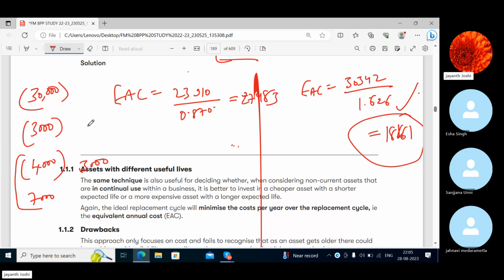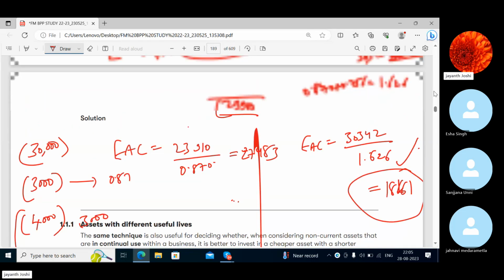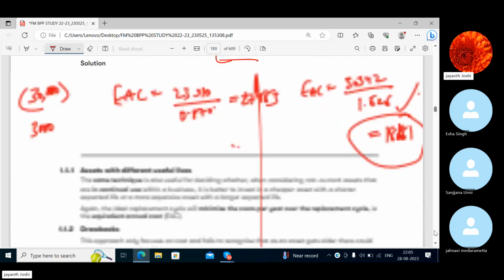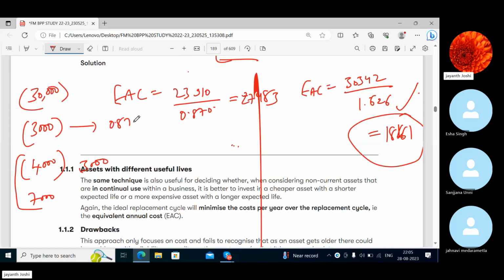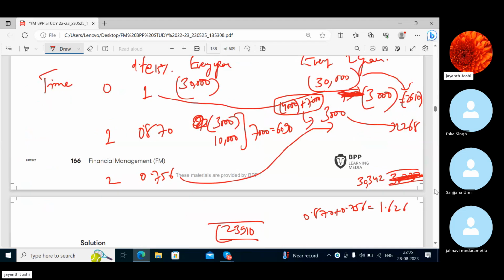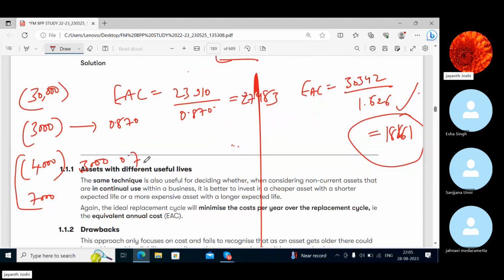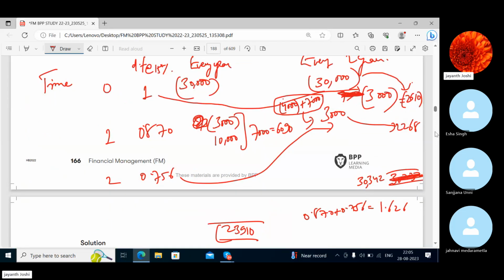This has to be discounted at the rate of 0.870. Sorry. This one 0.756. When you multiply these two, you're going to get 2610.